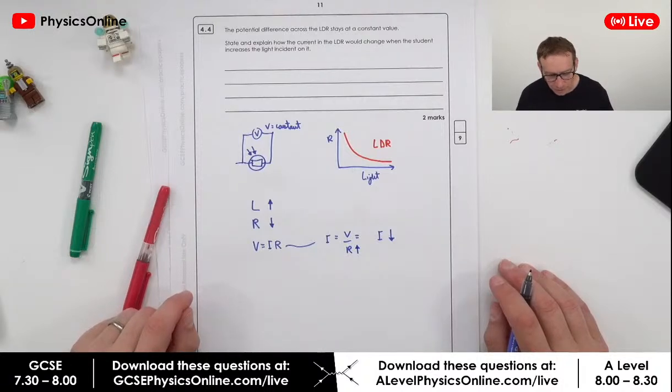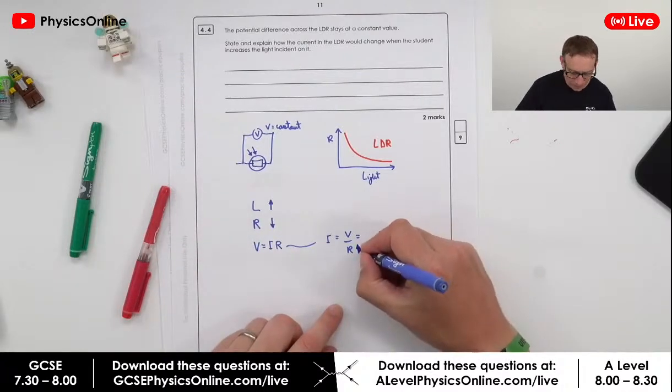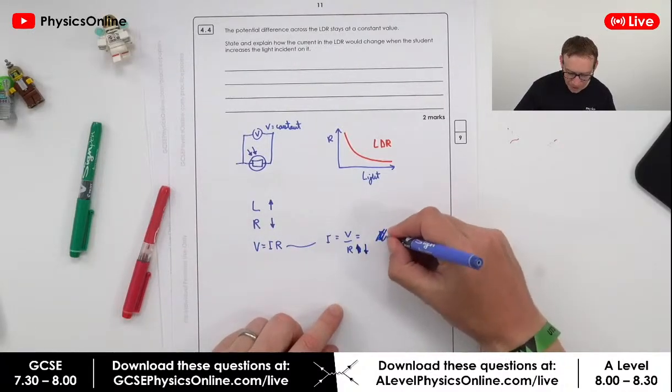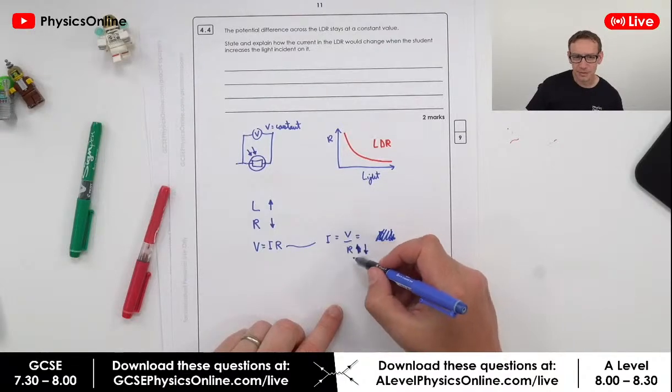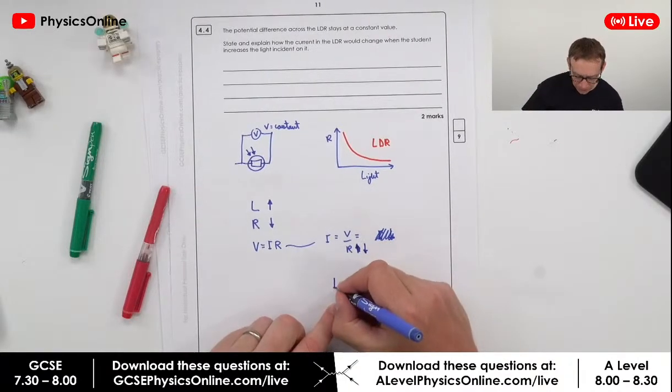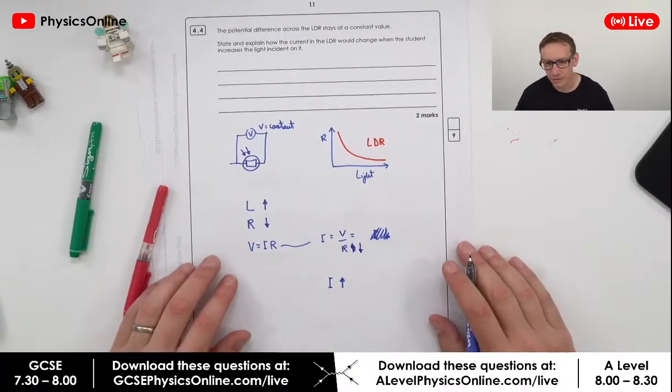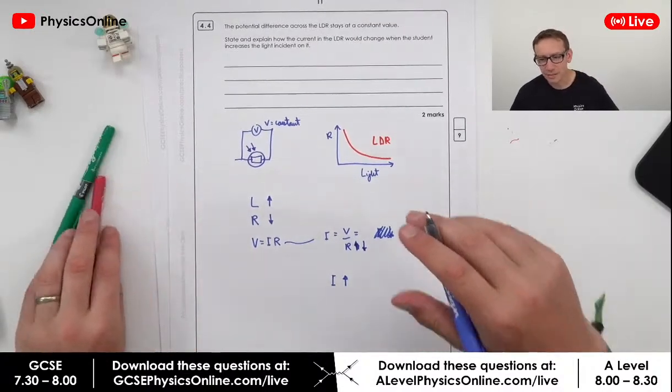Sorry, when you increase the light on it, the resistance goes down. And because the resistance is going down and V is the same, when you've got a smaller value of resistance, we're going to get a much bigger value of current. I think Prem's already said that.